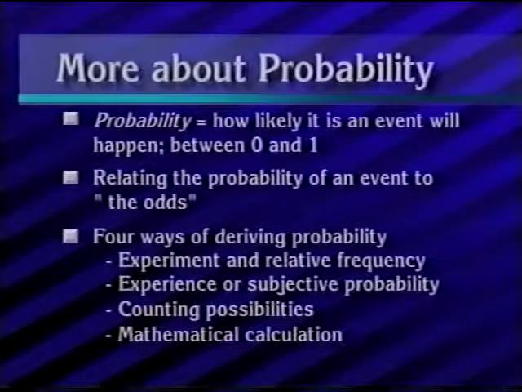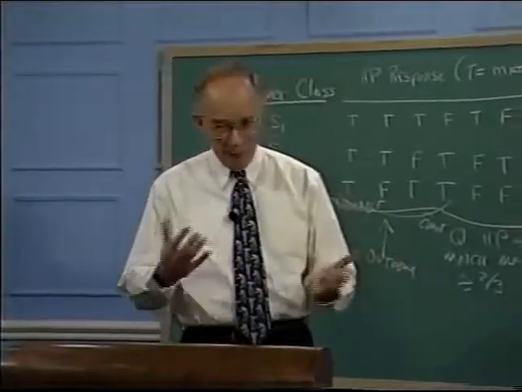I've given you 1, but I want to discuss 4, including experimenting and calculating relative frequency, experience or subjective probabilities, counting possibilities, and mathematical calculation. These are 4 ways in which we tend to get probabilities. Now, why do we even want probabilities?